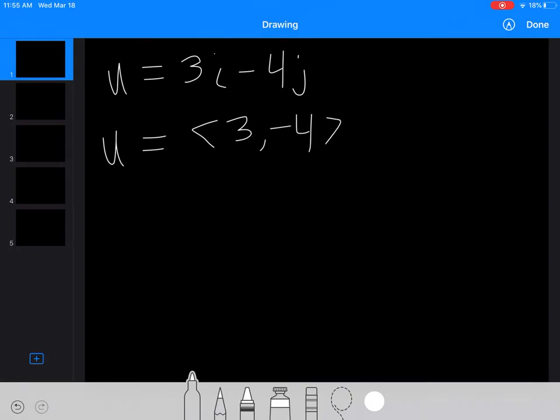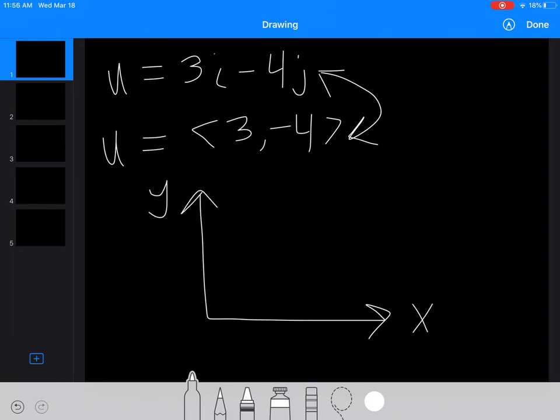So we can go back and forth between the two. So remember the i is the x component and the j is the y component. So if you're graphing this vector, well, actually I'm going to need the whole axis here since it's negative 4j.